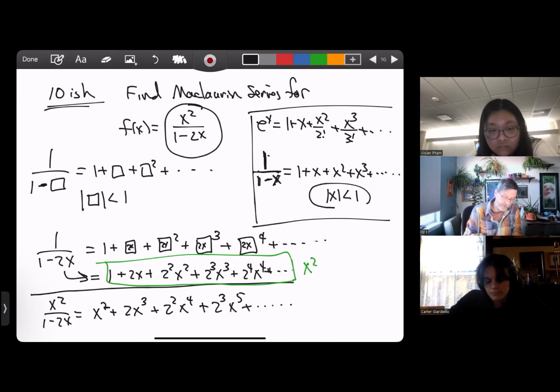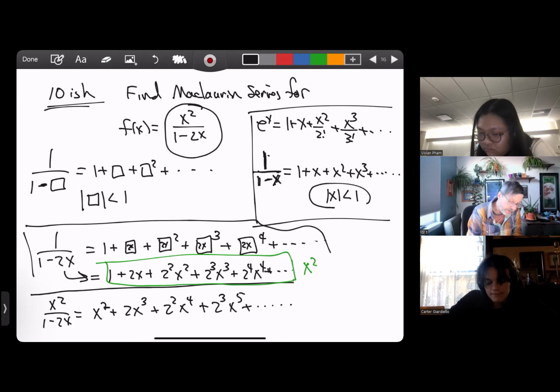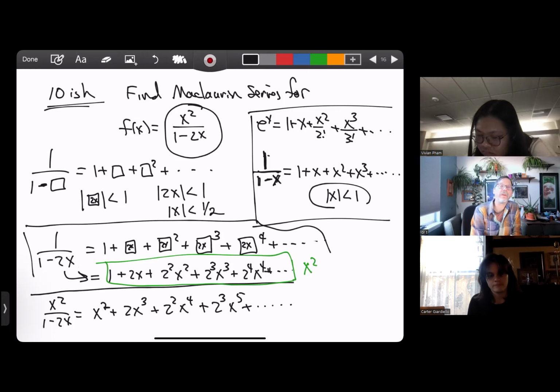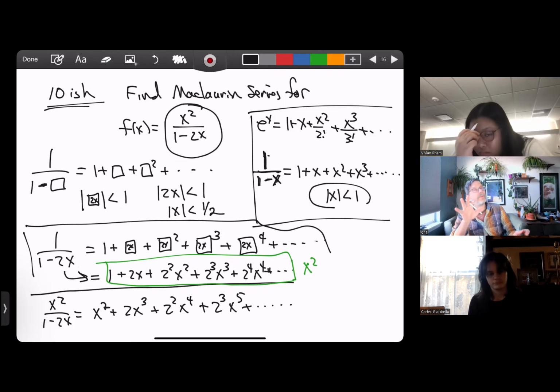We have a 2x, which is what we put in the box to get that series. So we have the absolute value of 2x less than 1. What does that say about x? That says x is less than a half. Does that make sense?